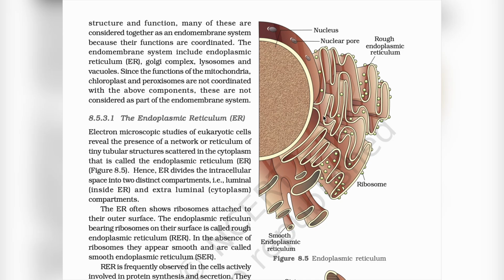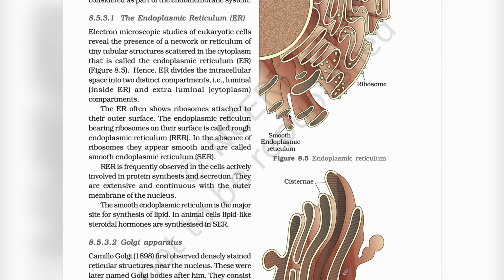And as you go away from the nucleus, you will see smooth endoplasmic reticulum which does not have ribosomes on its surface. Let's go back. Hence, ER divides the intracellular space into two distinct compartments, that is luminal, inside ER, and extraluminal cytoplasm compartments.